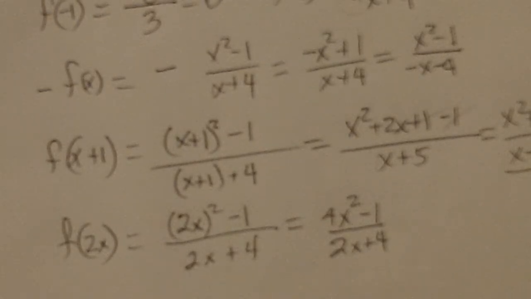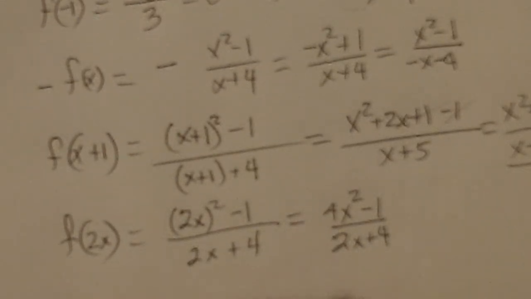And then finally, f of x plus h. So it's going to be x plus h squared minus 1 over x plus h is the new x plus 4. And it'll be okay to leave that. Normally I would multiply that out, subtract the 1 over this, but nothing will simplify, so I'll leave it like that. That's 46.